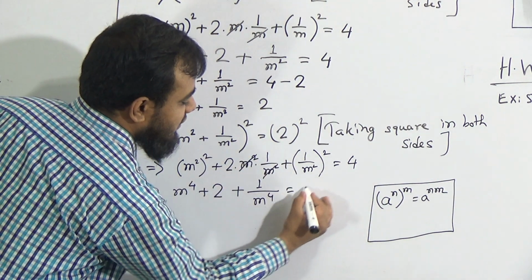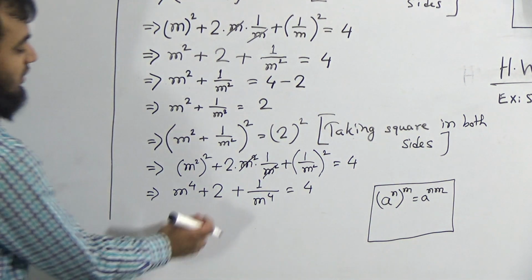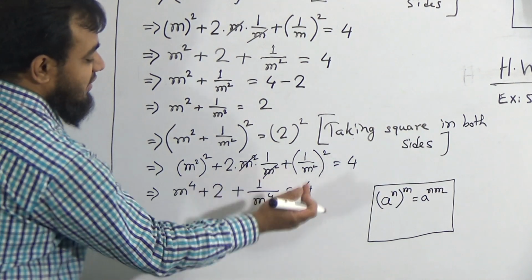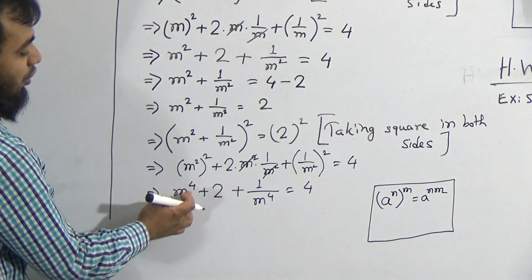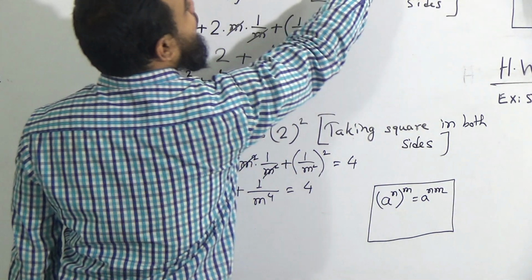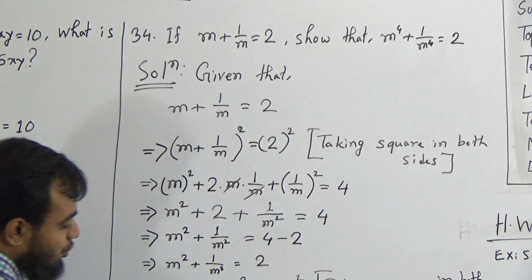That's equal to, on the right hand side we have 4. Okay. Now we need to transfer this plus 2 to the right side, because on the left side we need only m to the power 4 plus 1 by m to the power 4 to prove. That is why we will transfer this 2 to the right side.